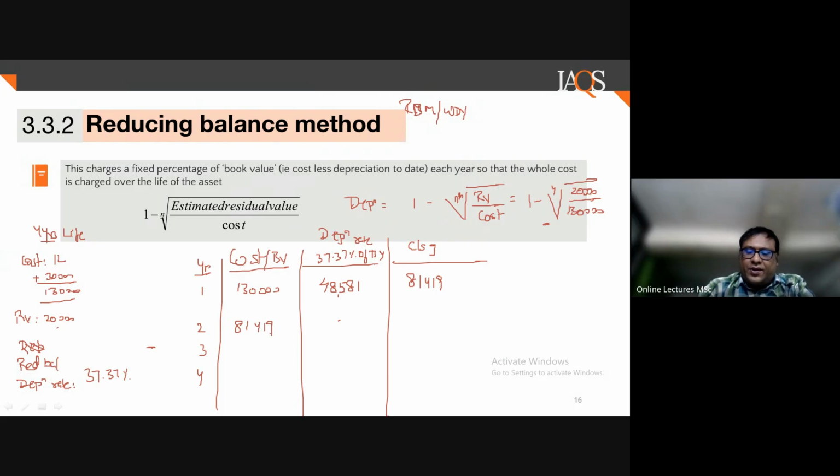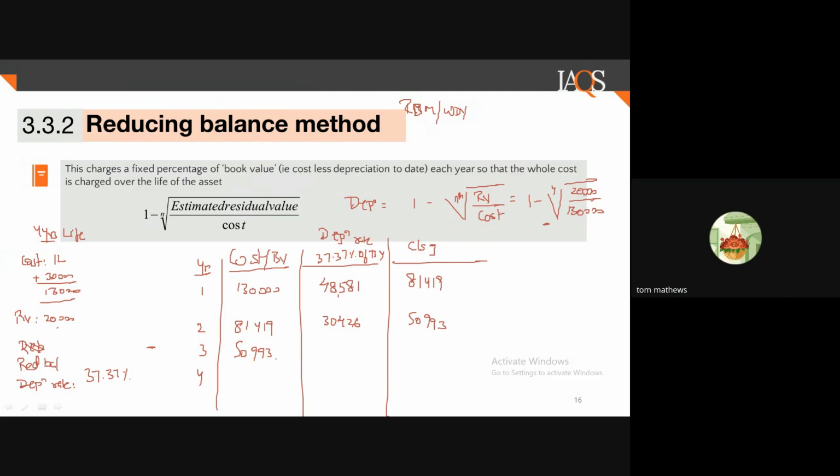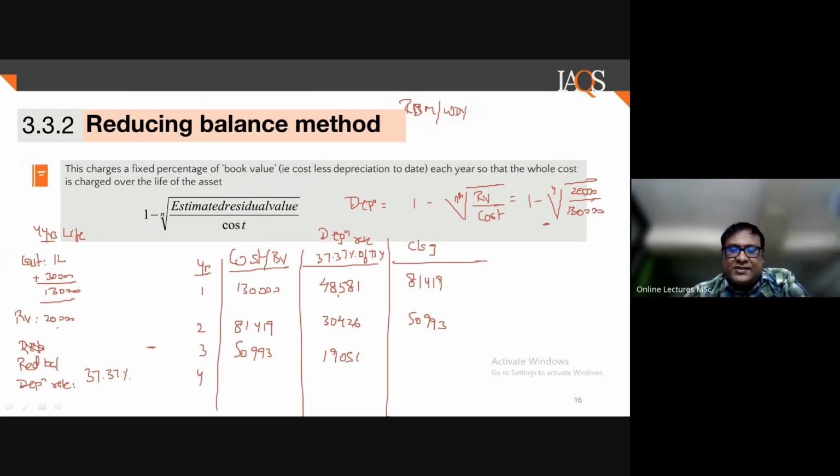Then 37.37% of that is 30,426. Then 15,993, then 19,056, and then 31,937.